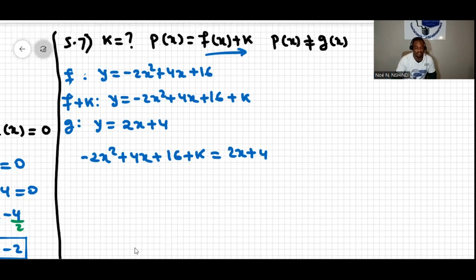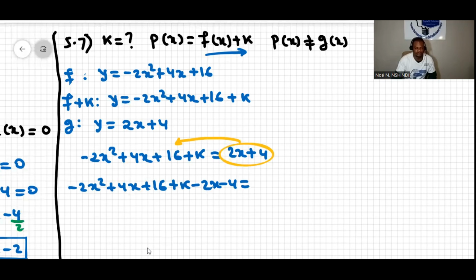So if I move the right hand side into the left hand side, this will become negative 2x squared plus 4x plus 16 plus k minus 2x minus 4 equal to 0.